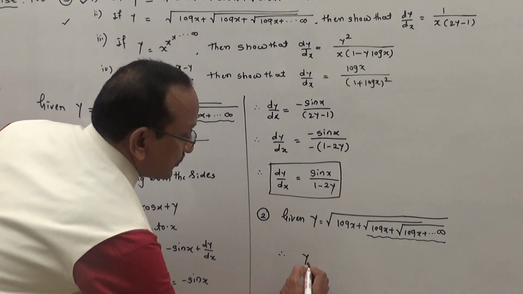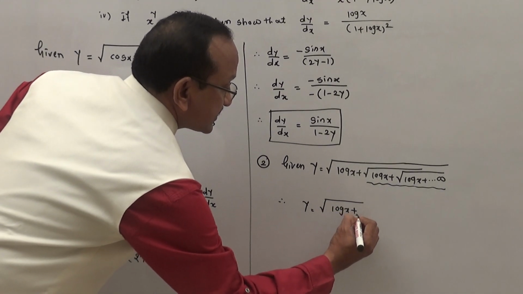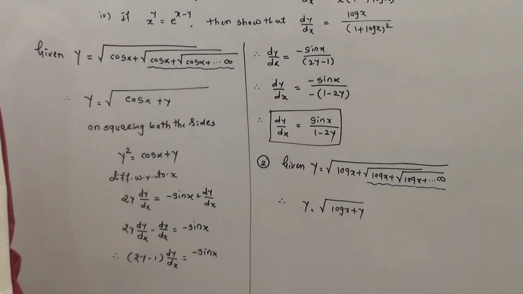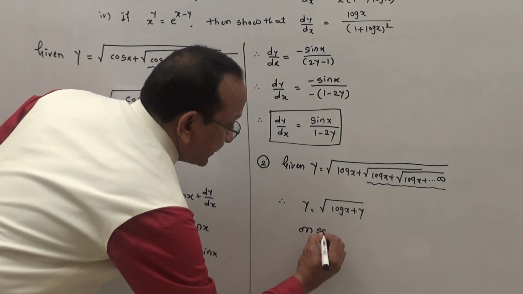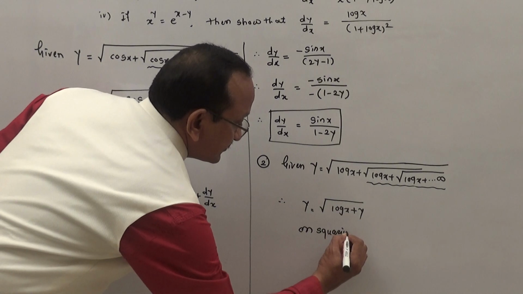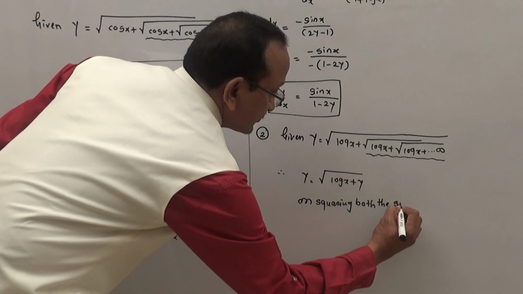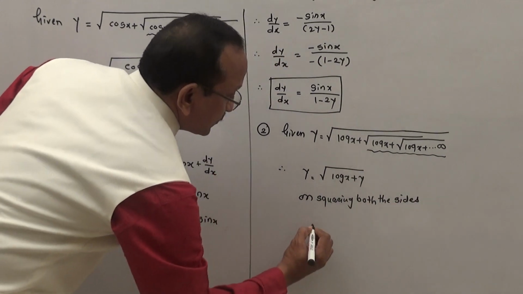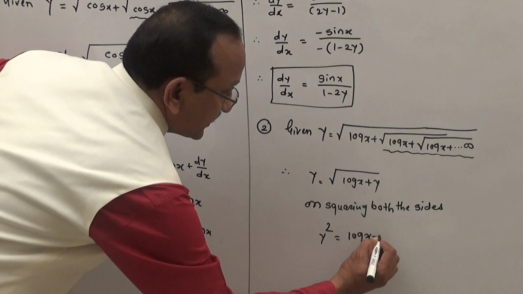So therefore y is equal to root of log of x plus y here. On squaring both the sides, y square is equal to log of x plus y.